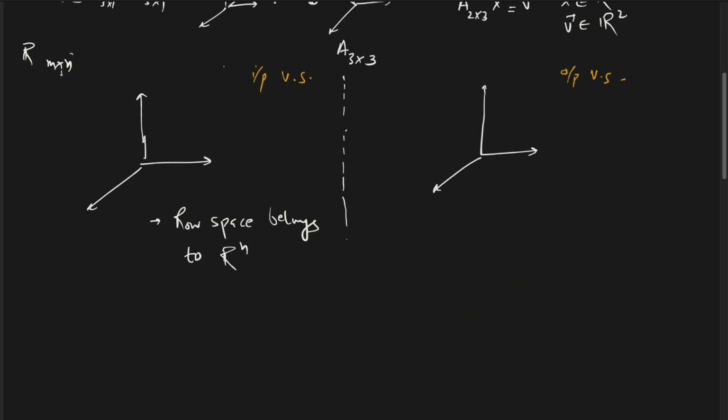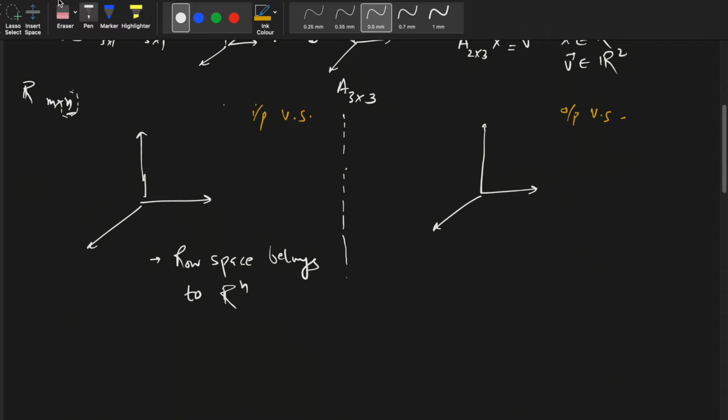So it is coming from this Rn, because the vector should have the same dimension as the second dimension of this matrix. Okay, this is a matrix.